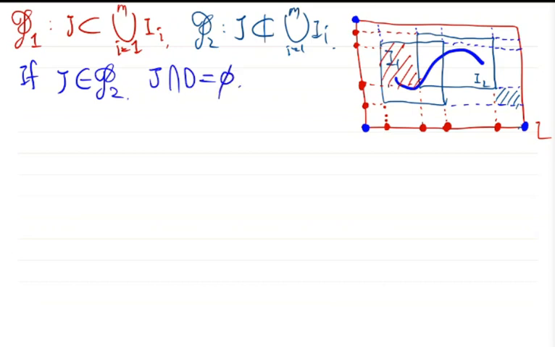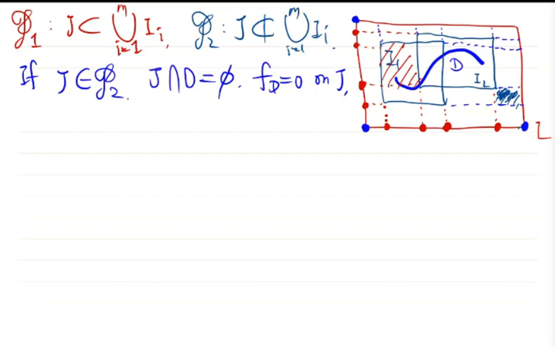Therefore fD is 0 on such J. For example, in this rectangle, the blue curve is D, and fD is the zero extension of f with respect to D. Therefore, outside D, fD is 0. So for such a rectangle of the second class, fD is 0 on that rectangle.